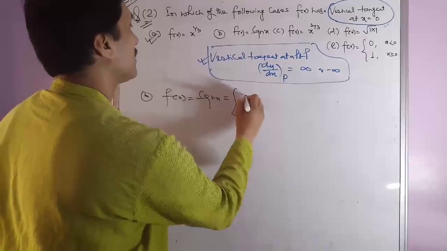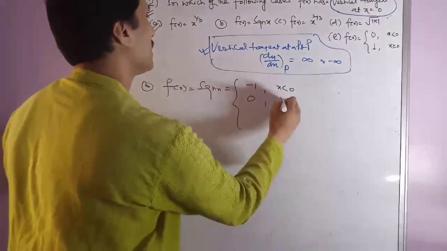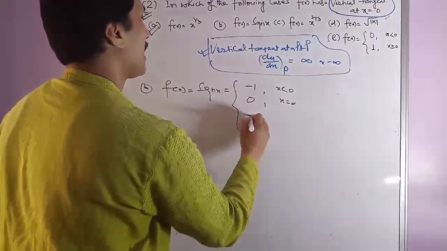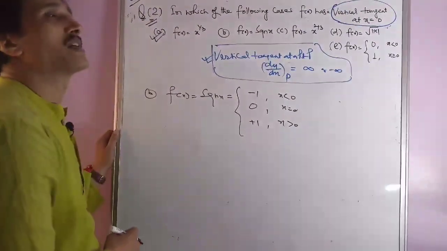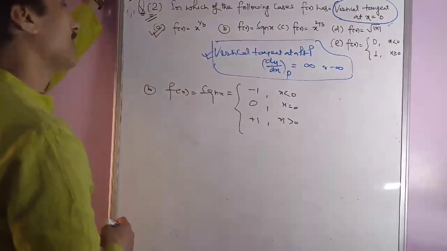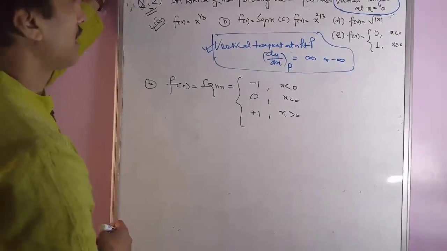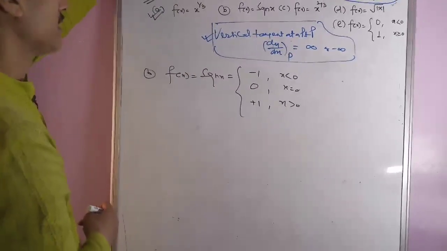We know this is -1 when x less than 0, 0 when x equal to 0, and +1 when x greater than 0. This is the definition of signum function. We have studied so many times in 11th, in the topic continuity and differentiability, existence of limit.